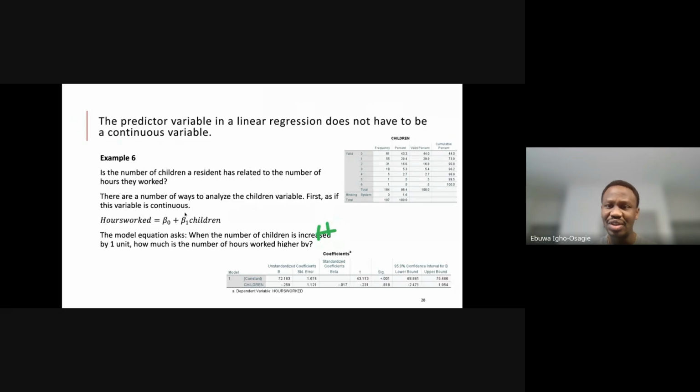So our reference is 0 children. Beta naught would be what happens when the residents do not have children. And every increase in the number of children is your beta 1.